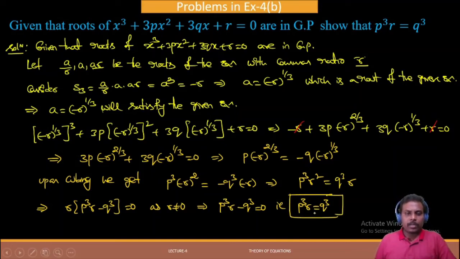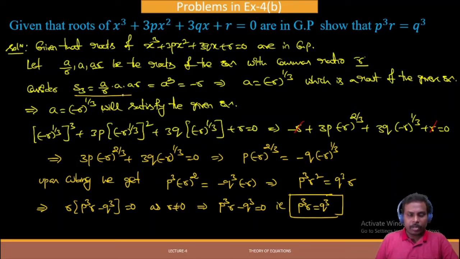Hope you have understood that. See, whenever the roots are in geometric progression, you consider the roots as a by r, a, ar, and consider the product, then immediately you will get one of the roots. If you get one of the three roots, you can find the other two very easily.